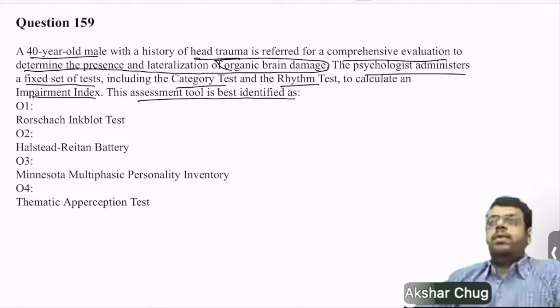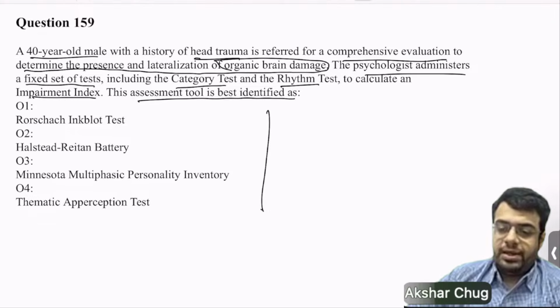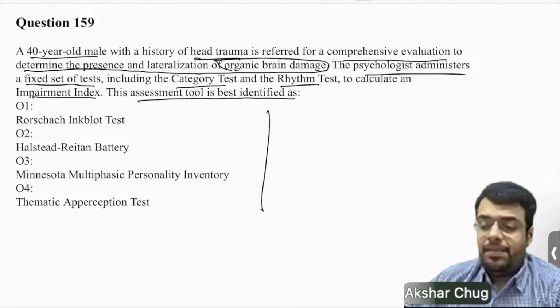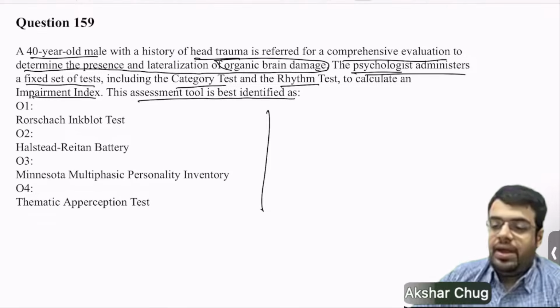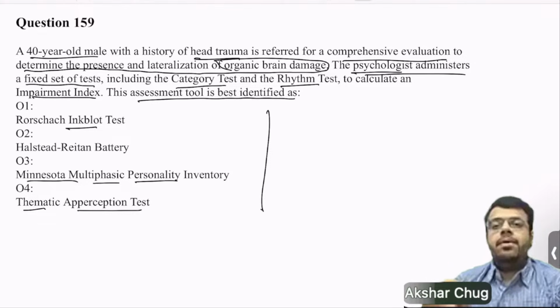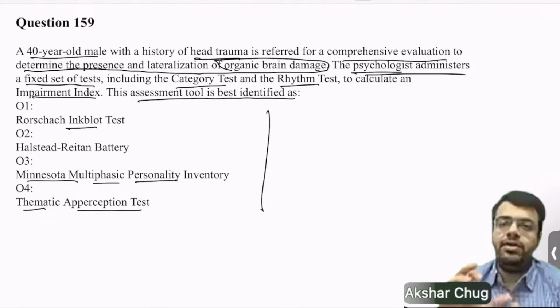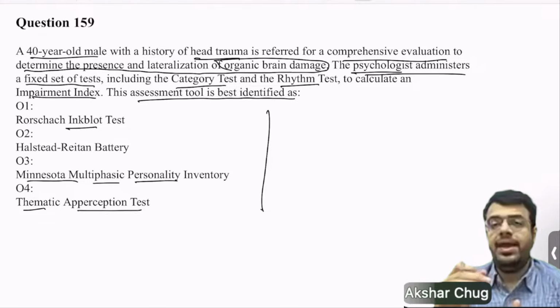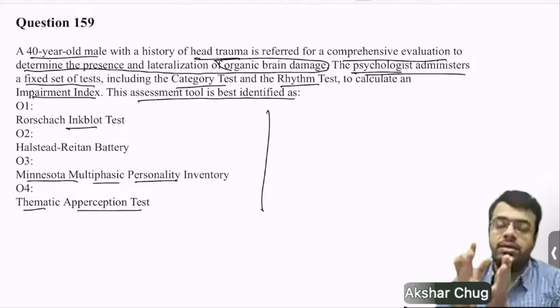Now, even if I don't know any of these tests, I can remember that if the patient is going to a psychologist, an ink blot test, Minnesota Multiphasic Personality Inventory, and Thematic Apperception Test. The common point in all of these tests is that the patient is shown some images or patterns, and then according to the patient's personality, the patient answers what he sees in the image.